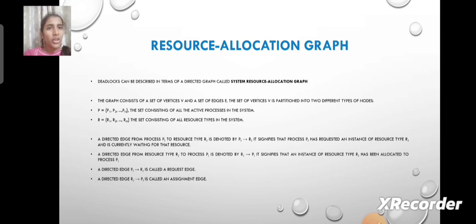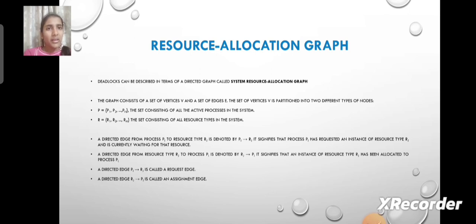P equals P1, P2 and so on to Pn, the set consisting of all the active processes in the system. R equals R1, R2 and so on to Rm, the set consisting of all the resource types in the system.